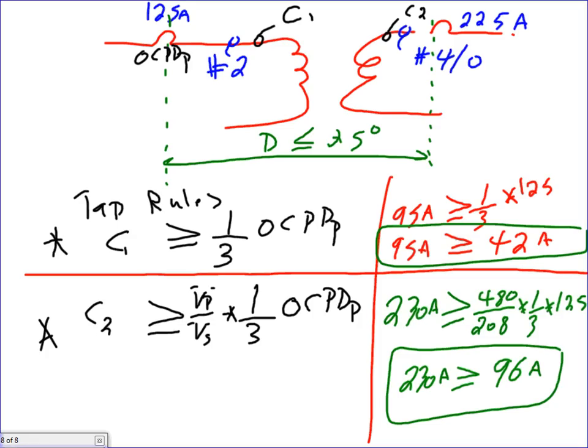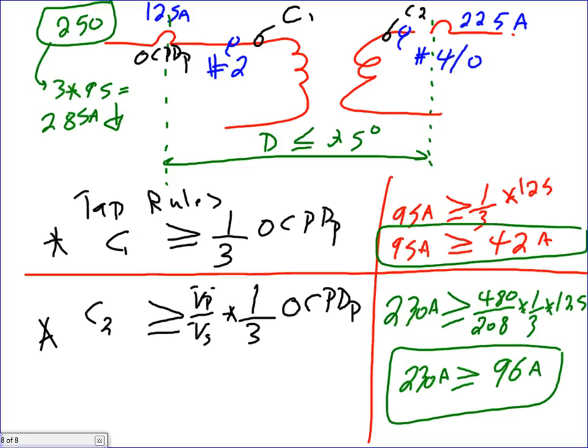That's the power of the tap rules. If the transformer is giving me a hard time starting, I can change this directly to 250. And we know why 250: it came from 3 times 95, which is 285, and then you go down to 250.